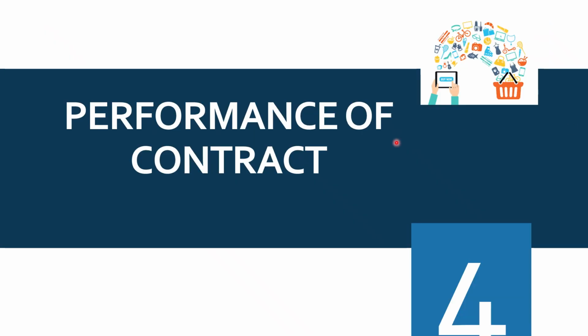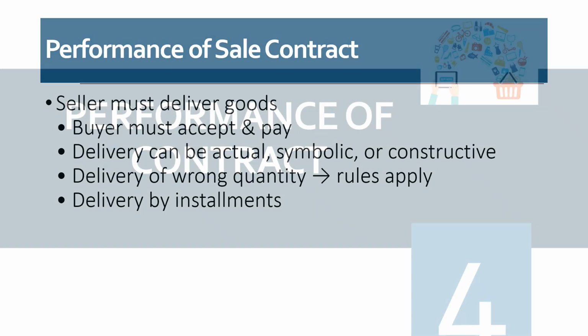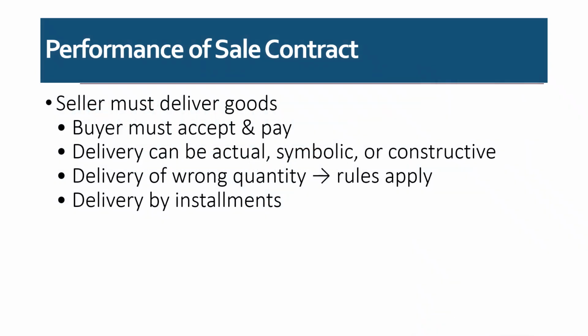The next part of the unit is performance of contract. Let us now understand what is performance of the sale contract, which includes duties of both the seller and the buyer.